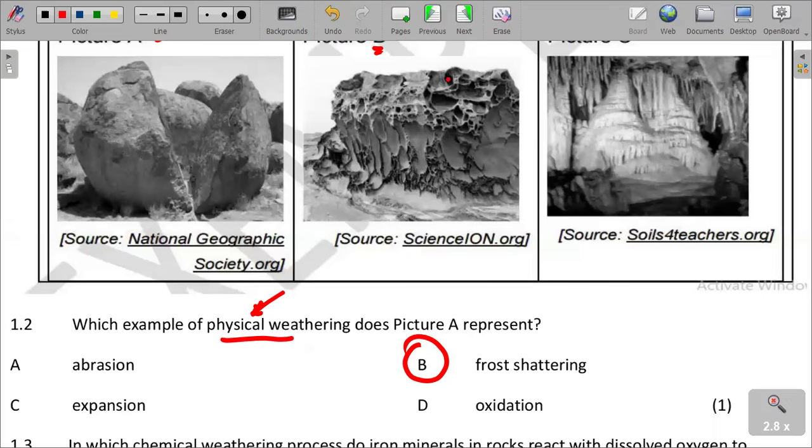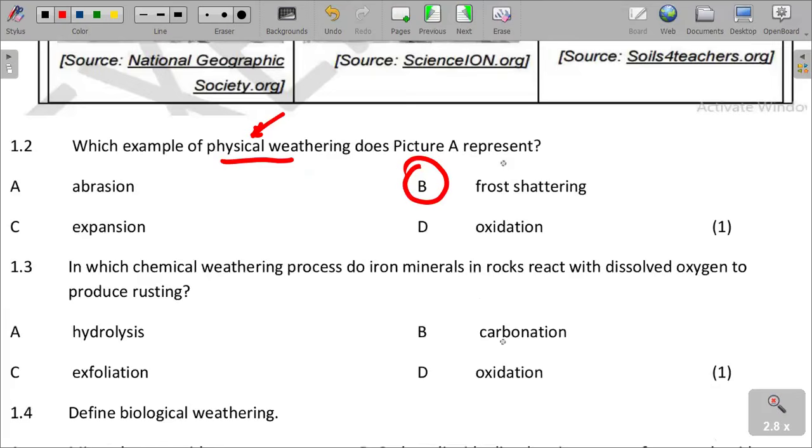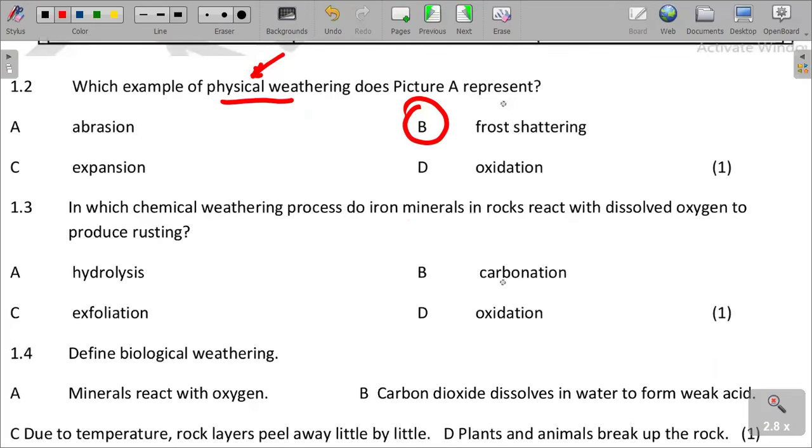The minerals react with oxygen in the presence of water to form new compounds, sometimes similar to the process of iron rusting. And then our answer is B.